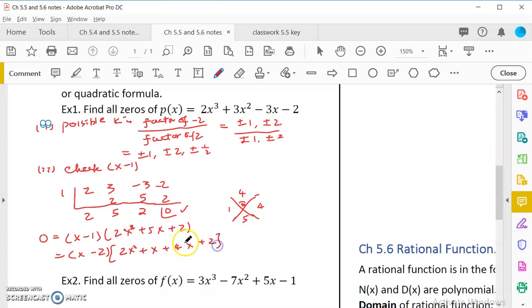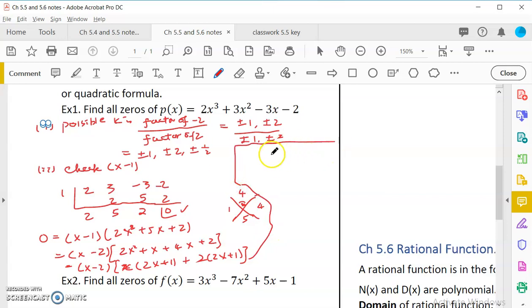You use the AC diamond for splitting it up. x is the common factor: x times 2x plus 1 plus 2 times 2x plus 1. So obviously it would be x minus 1 times 2x plus 1 times x plus 2.